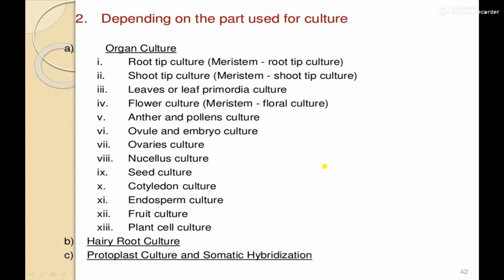These are the three types that come under suspension culture.